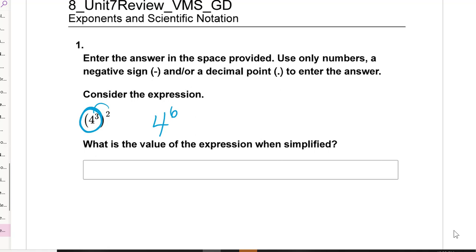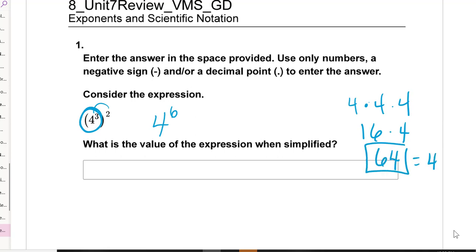So 4 to the 3rd, 4 times 4 times 4. This is 16 times 4, and then 16 times 4 is 64. This is the value of 4 to the 3rd. But then I've got to square 4 to the 3rd. So I'm going to take 64 and square it.